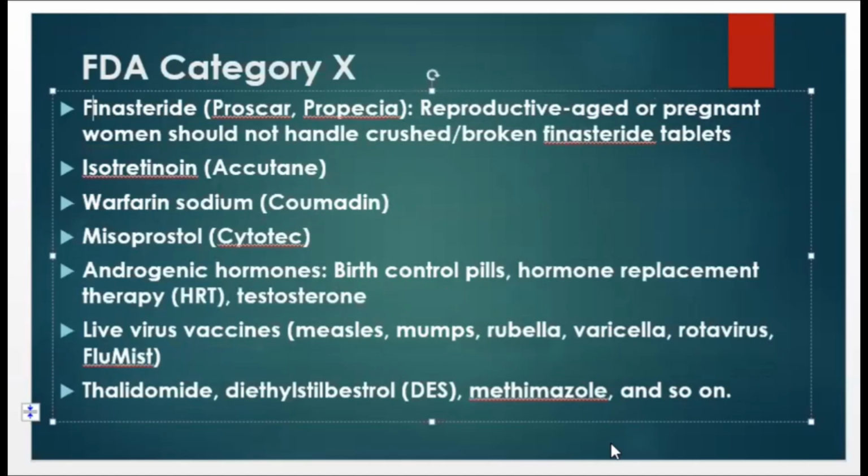Another one is Accutane, which is category X. And this is what research emphasizes, that a pregnant woman cannot be on Accutane. And you have to be sure that the pregnancy result is negative. Then the warfarin and the misoprostol, then the rest. And also remember your live vaccine. We cannot give live vaccine to a pregnant woman.